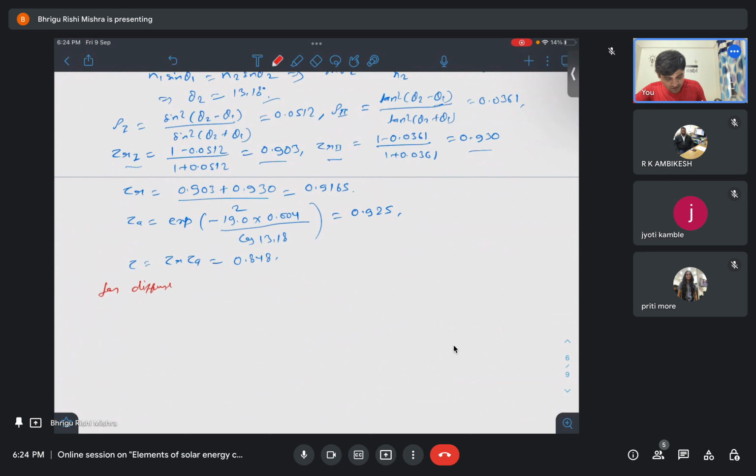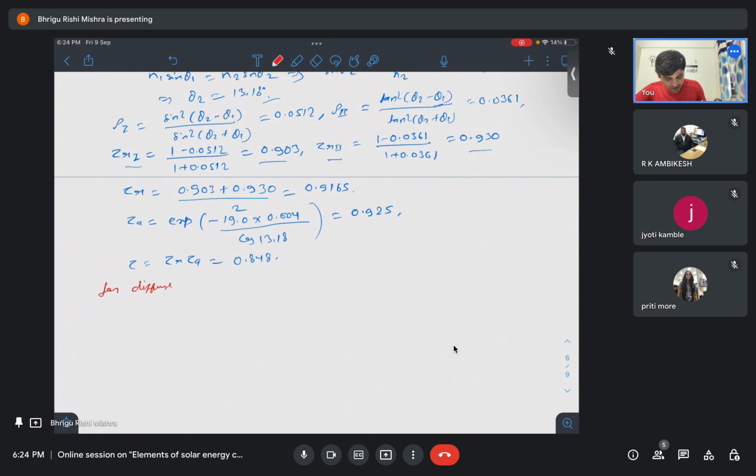And if you remember, in the last class we calculated rho d for the two glass covers, and it turned out around 0.2351. If you follow the same procedure with theta equal to 60 degree, you can calculate rho d, which is nothing but tau v into 1 minus tau r, and it will give 0.144.